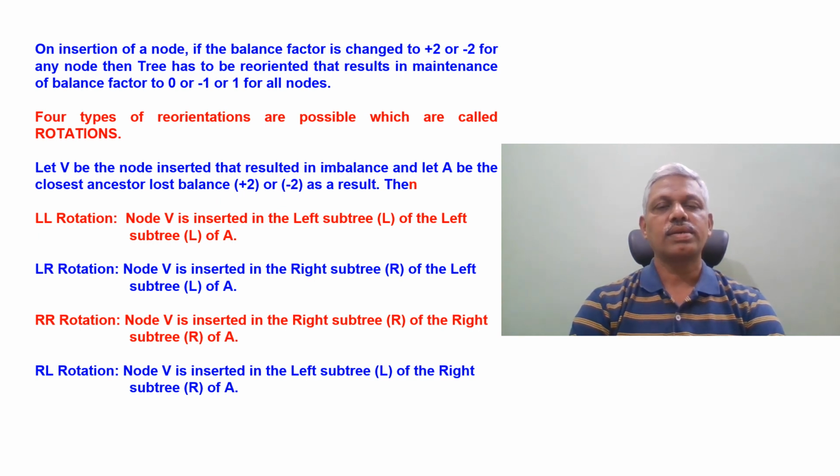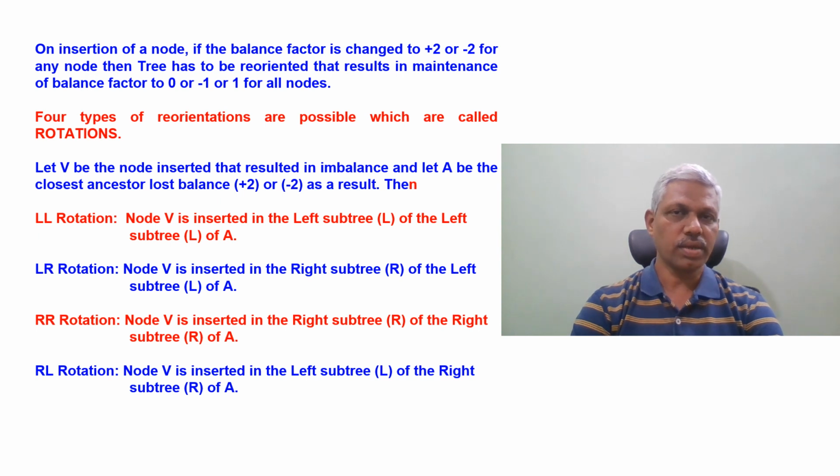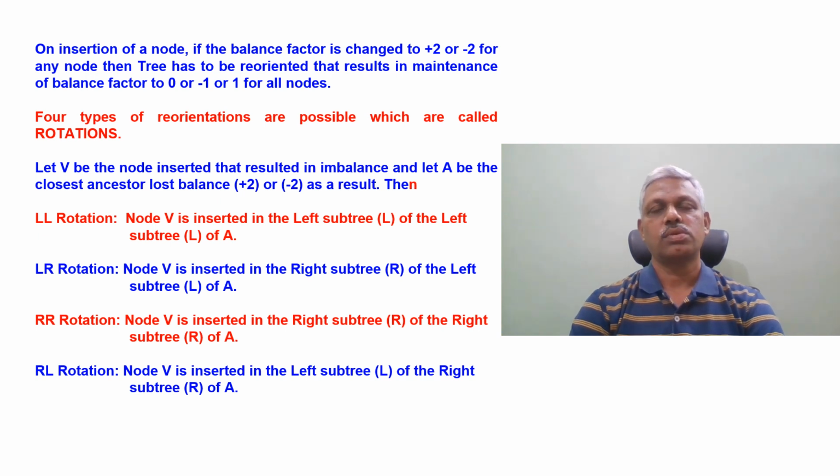Now, let V be a node that is inserted and that resulted in an imbalance at a node A. That means if I add a vertex V, and after adding it, we recalculate the balance factors, let A be the smallest ancestor of V that has lost its balance.